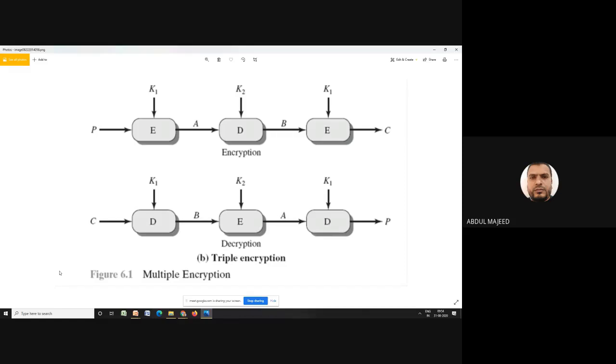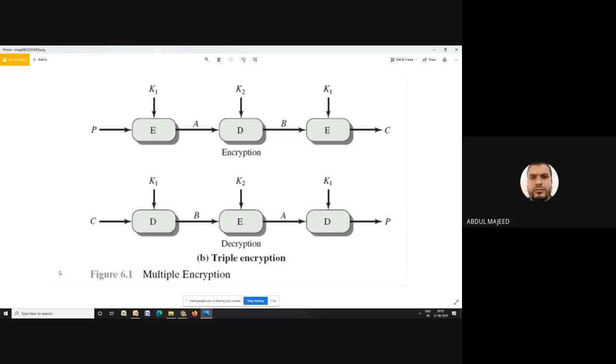Means in this figure they are using a key size of 112, not 168. It is your choice whether you want a 168 bit key or a 112 bit key. First of all, a 56 bit key was enough for us, but as computational devices improved, we wanted significant changes in the key also.